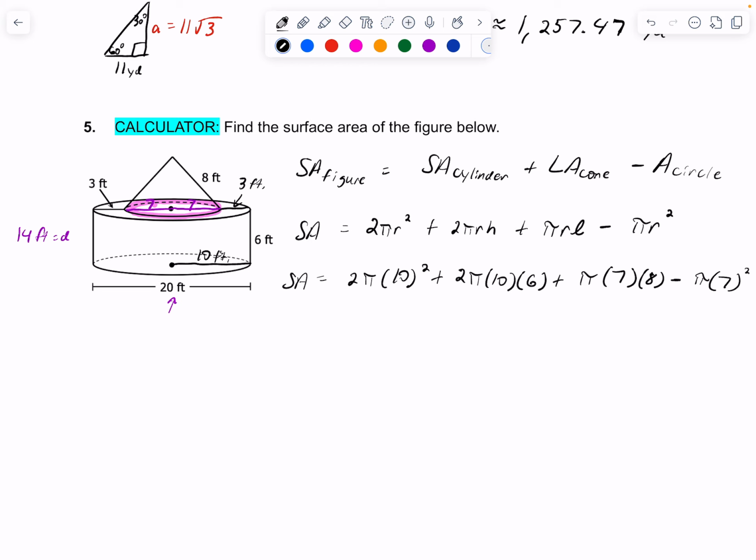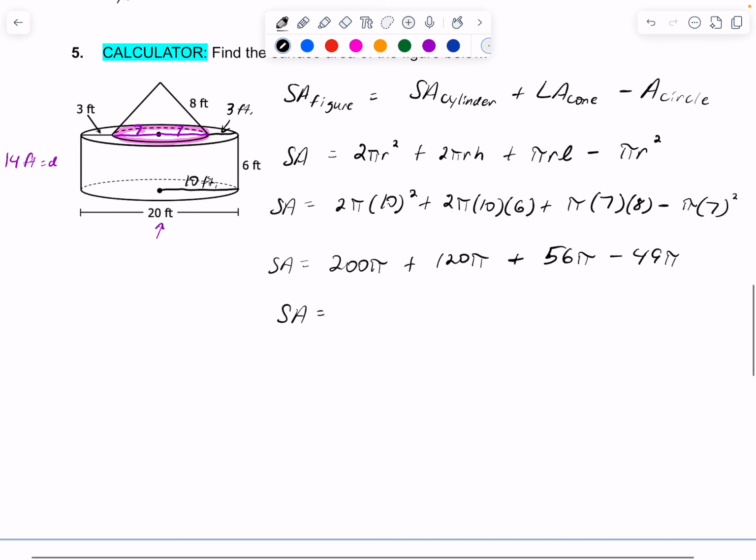All right, let's get some numbers here. We have 10 squared is 100 times 2 is 200 pi plus that's 60 times 2 is 120 pi plus 56 pi minus 49 pi. So I'm going to get an exact answer with pi, and then I will use my calculator.